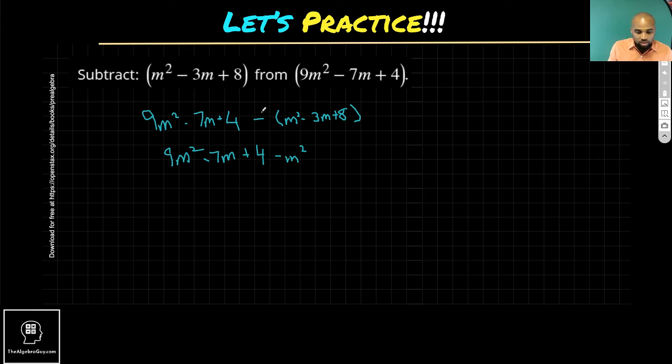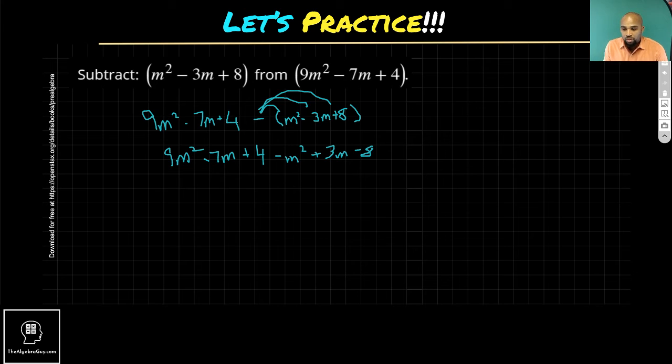And so I'm going to make sure I distribute that here, distribute it to this negative 3, and distribute it to the 8. So negative times a negative makes that 3 a plus 3m and a minus 8.